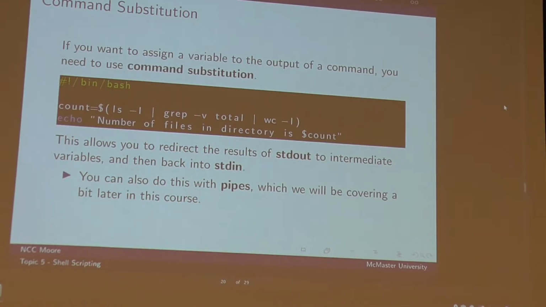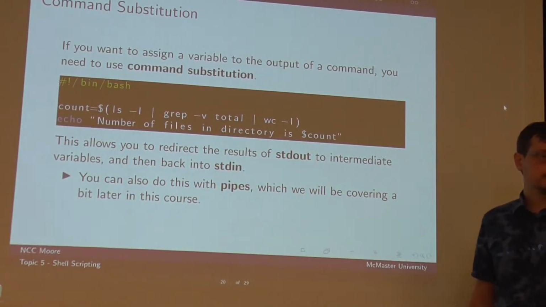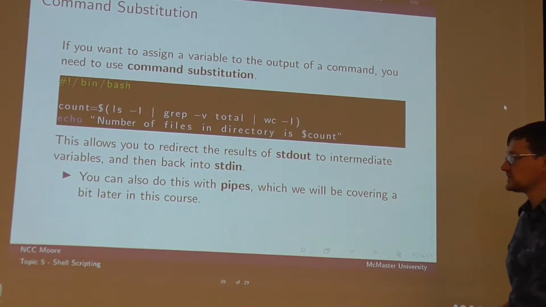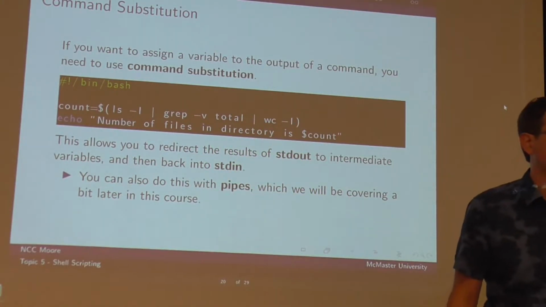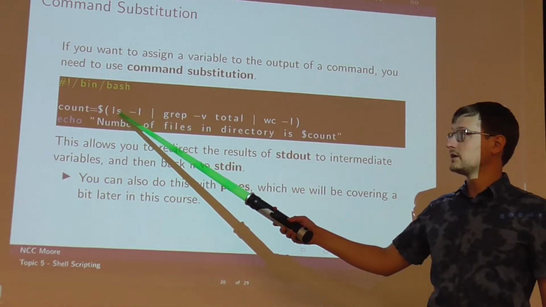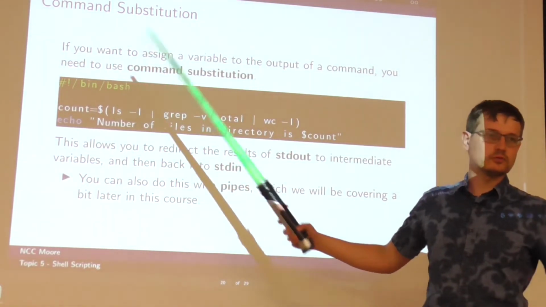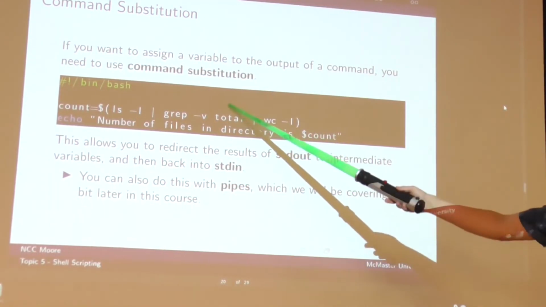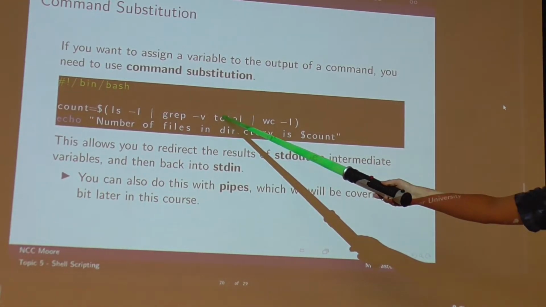Incidentally, this is also your rough introduction to pipelining. So these vertical bar characters indicate that I am taking whatever this command is routing to standard output and redirecting it to the standard input of the next function, or the next command.